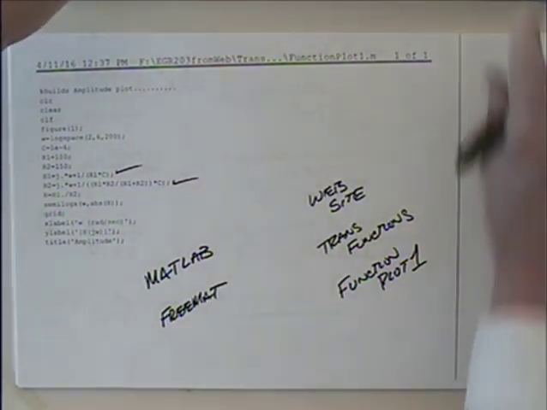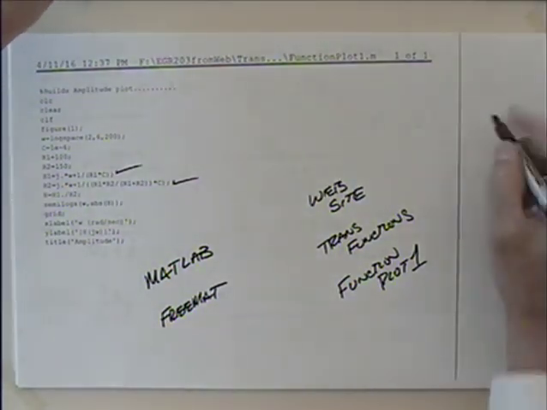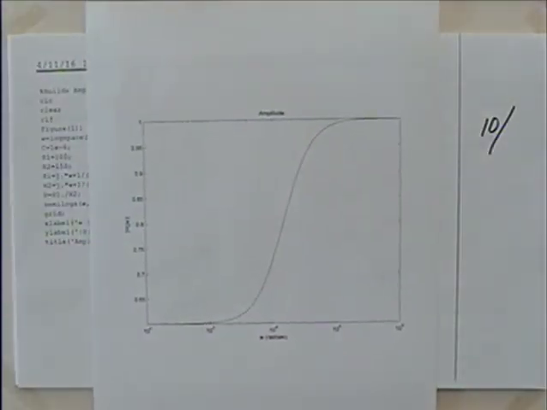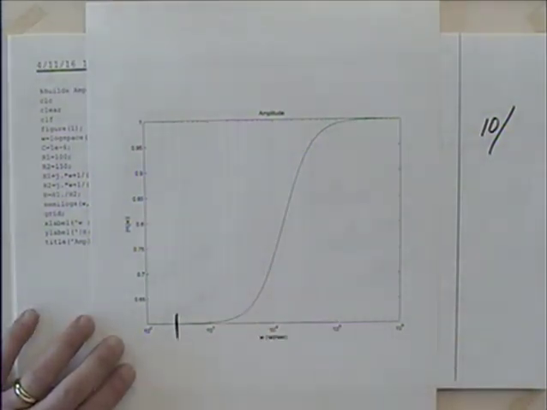When you come up with this plot, you get something like this. So what do you think that is? If you put something in at low frequency, you don't get much out. You put something in at high frequency, what happens? You get almost all back out, don't you?